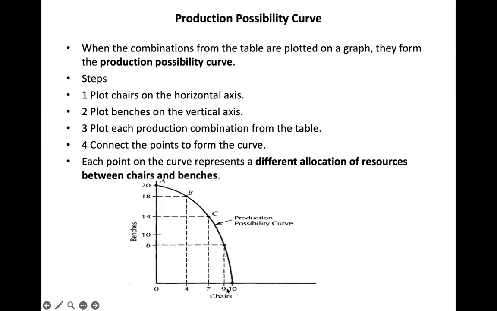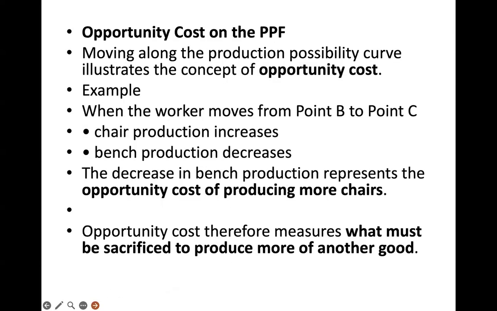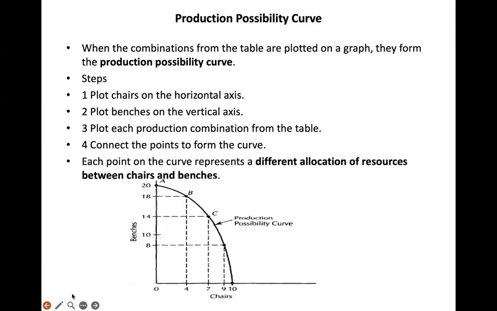So this is the point for when the firm is producing 10 chairs, but 0 benches. But when the firm uses all the resources to produce 20 benches, he can produce 0 chairs. So this is the point.